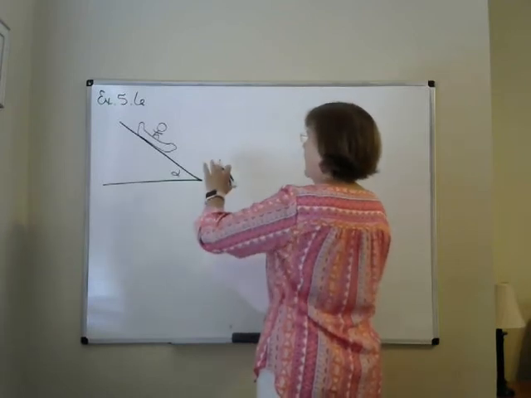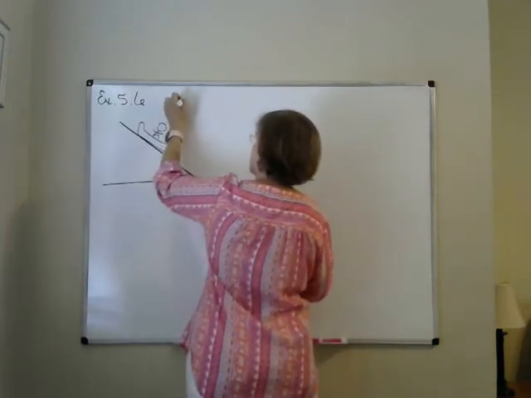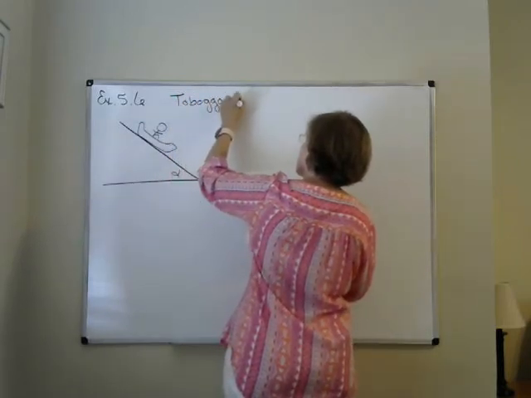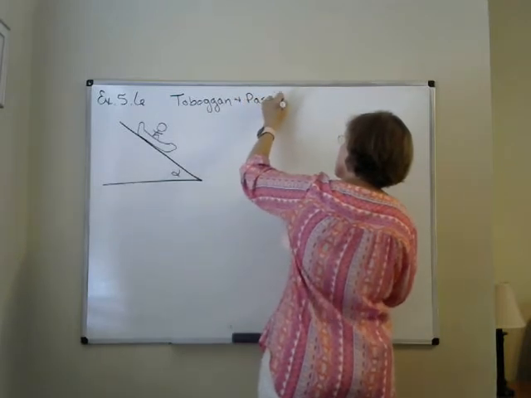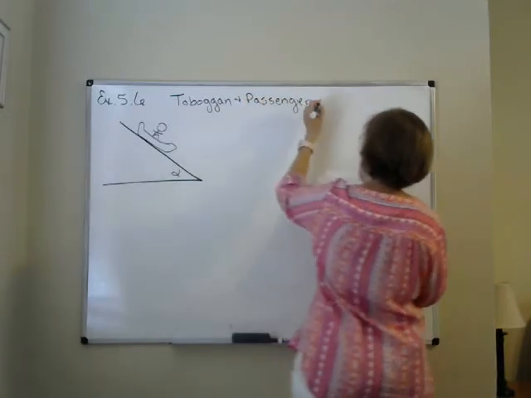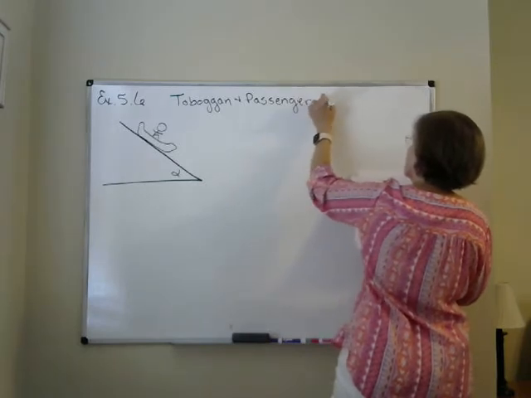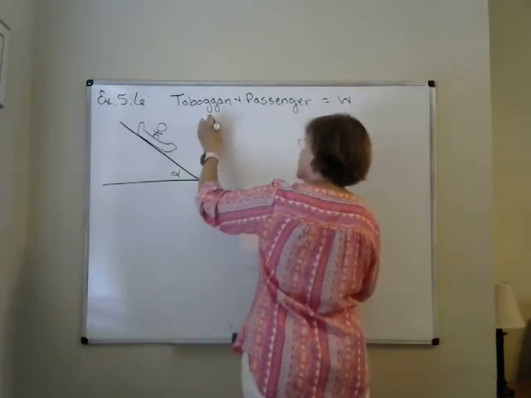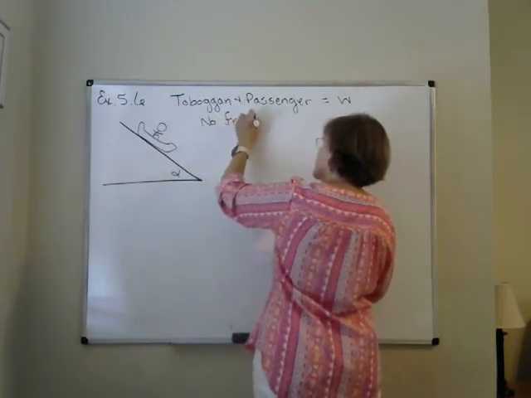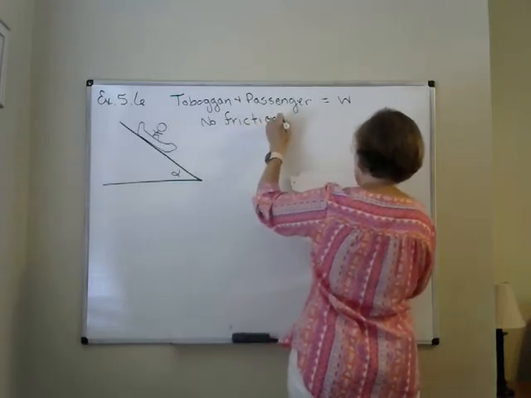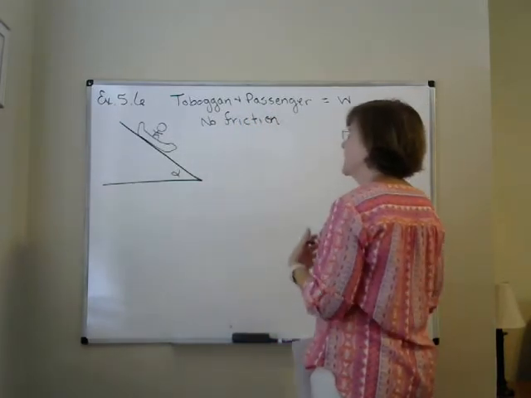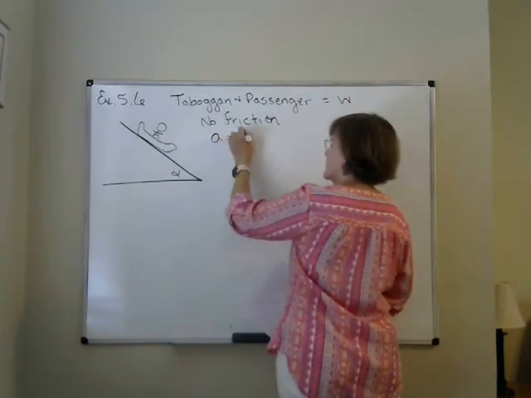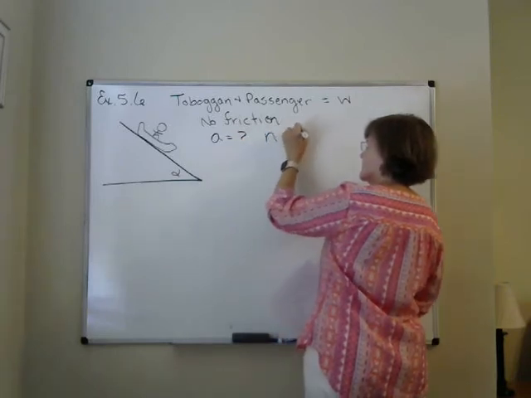And this whole weight of a toboggan and passenger has a weight W. There's no friction. We want to find an expression for the acceleration, and we want to find an expression for the normal force.